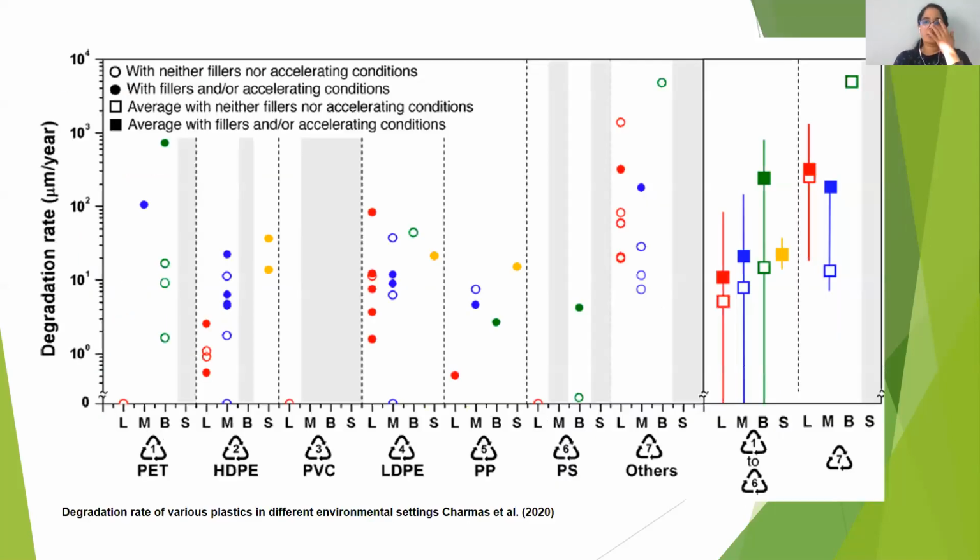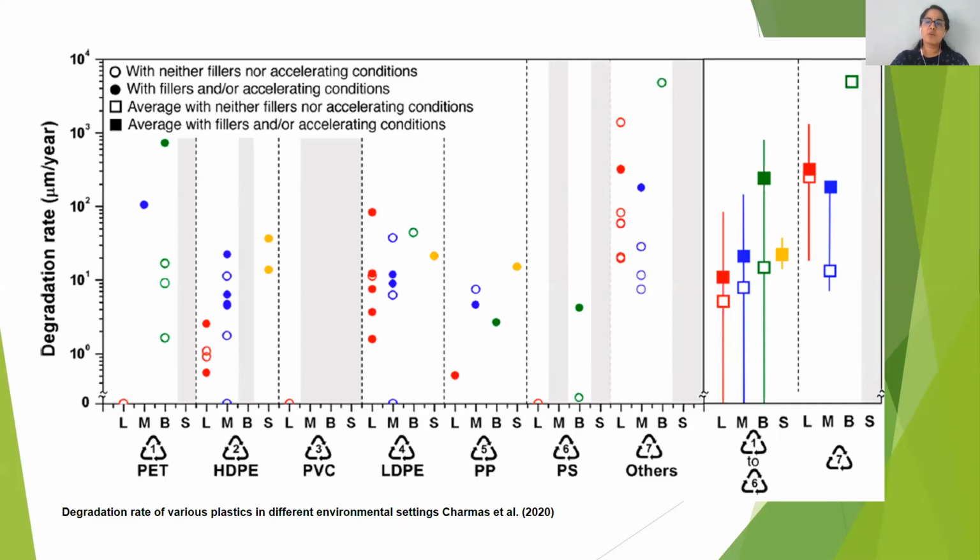So this is just an example of different types of plastics. We can see PET, HDPE, PVC, and the different colors indicate different environments. L represents landfills and compost soils, M is the marine environment, B is the biological environment, and S is sunlight.